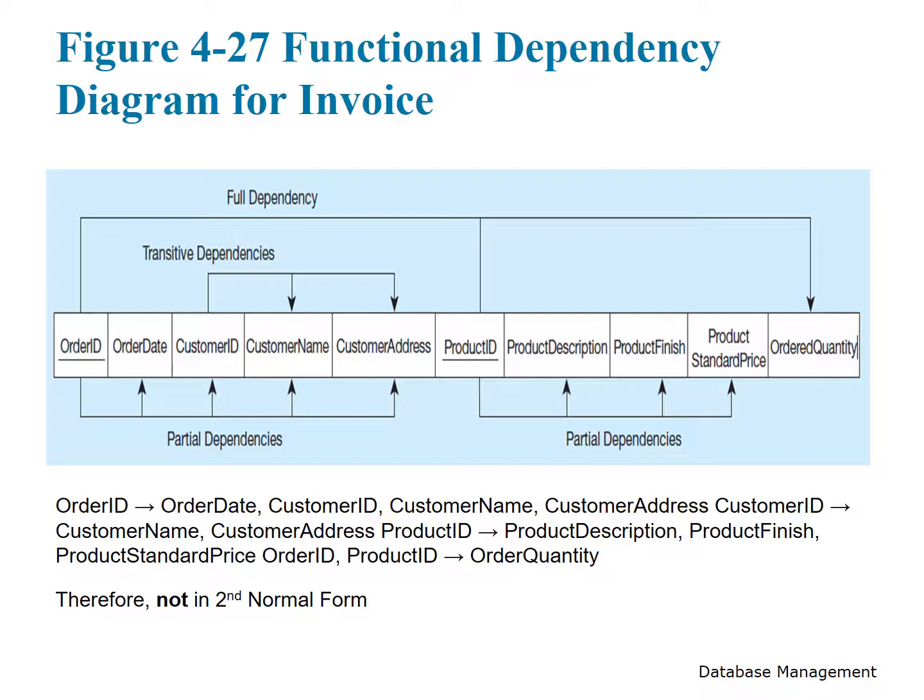Product ID determines product description, product finish, and product standard price. Order ID and product ID together determine order quantity. Therefore, it is not in second normal form.